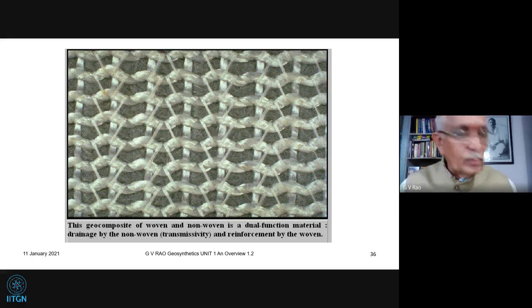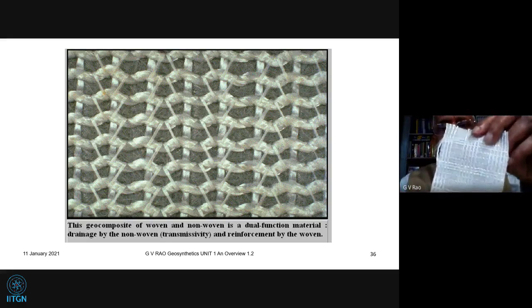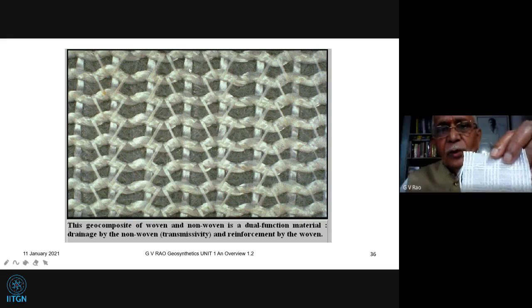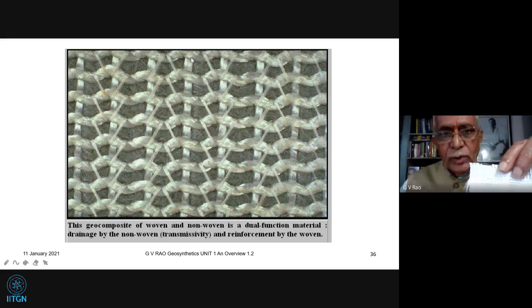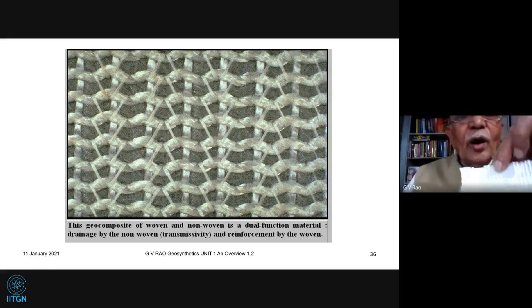So the compositeness is coming in because our base in this case was a non-woven geotextile, and onto this now we got these fibers, you can say, in this direction, which are say PVC, PP or polyester, or it could be glass fiber. And then this is also the same kind of thing in the other direction now. And these are tagged actually by using a knitting process. So this is called a knitted geotextile. We can also call it a composite now.